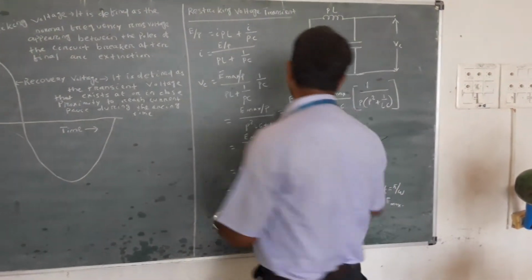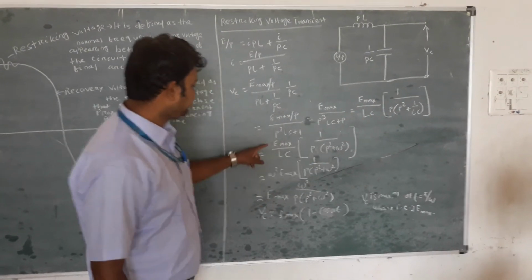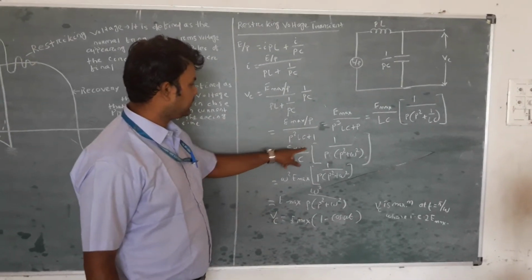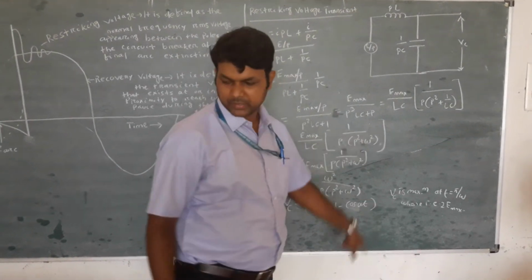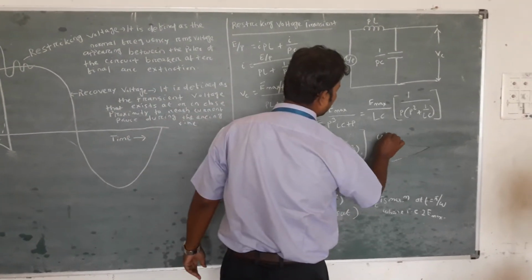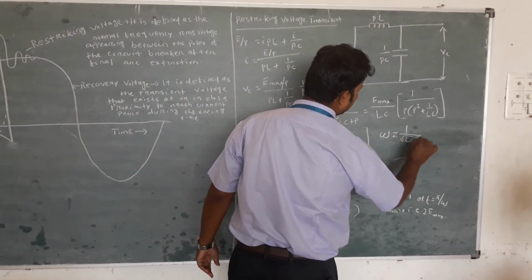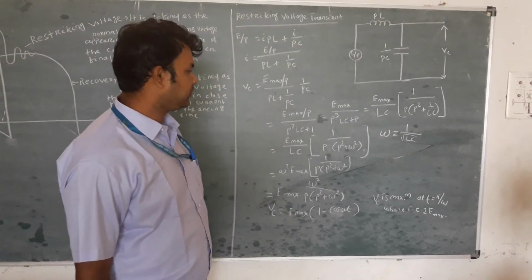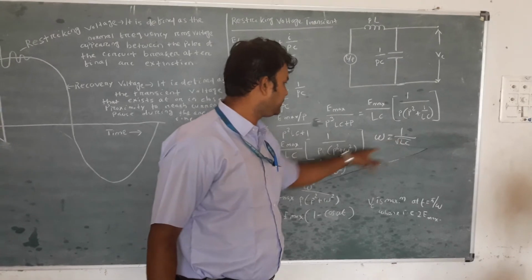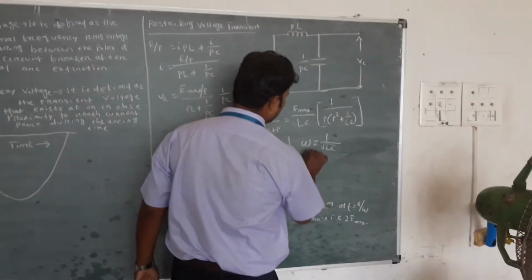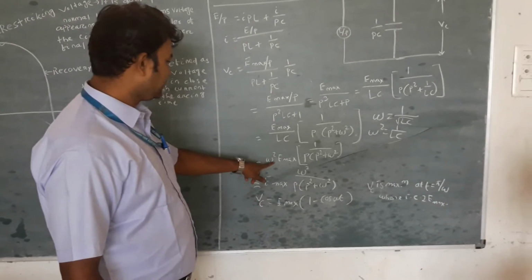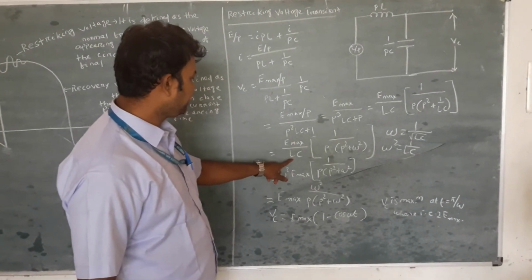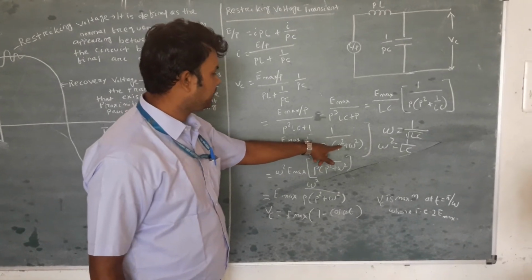Now it becomes Emax by LC, whole, into 1 by P, into (P square plus omega square).